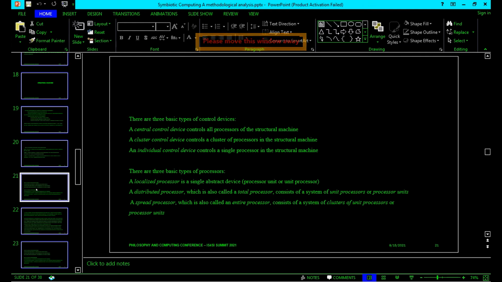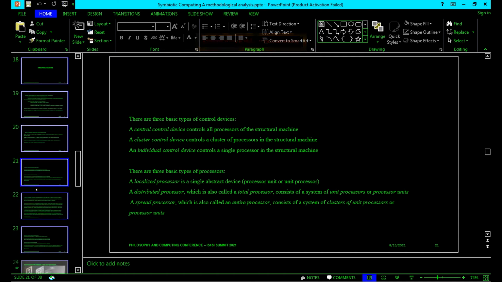But there are more powerful processors. A distributed processor, also called a total processor, consists of a system of unit processors or processor units. And a spread processor, also called an entire processor, consists of a system of clusters of unit processors or processor units.